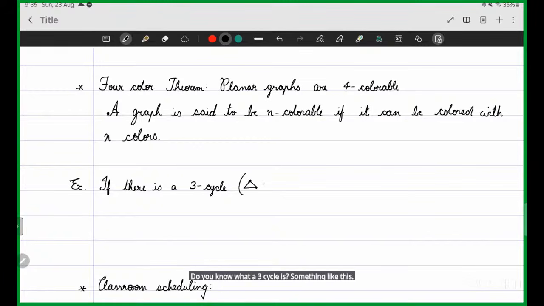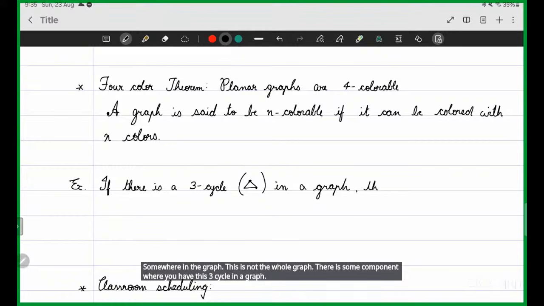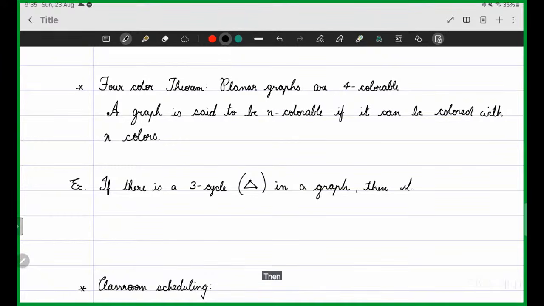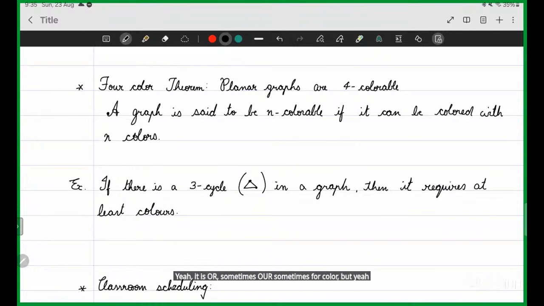If there is a 3-cycle somewhere in a graph, this is not the whole graph, there is some component where you have this 3-cycle, then it requires at least 3 colors. Is this obvious? Is this exercise doable on the spot?